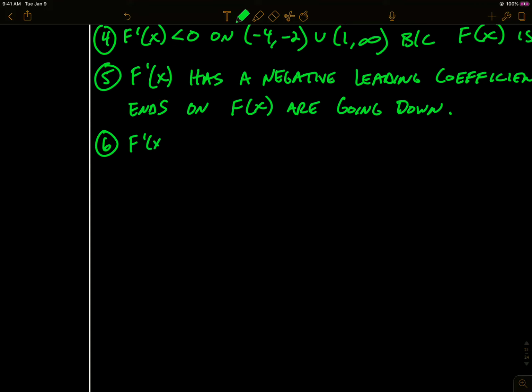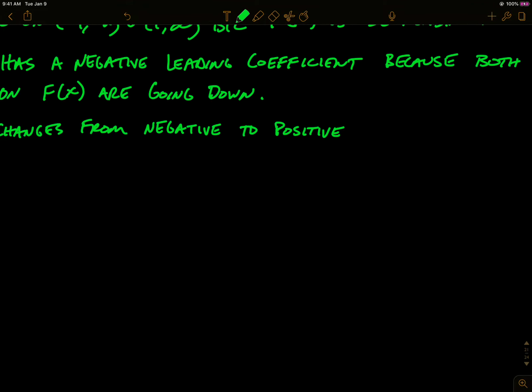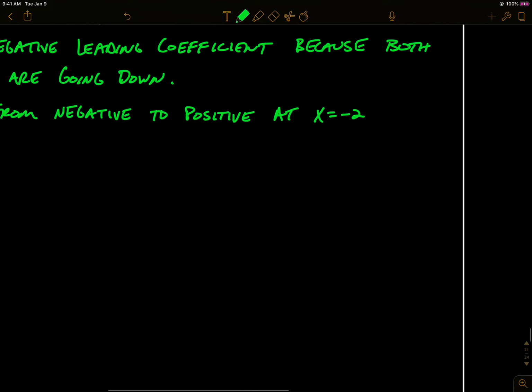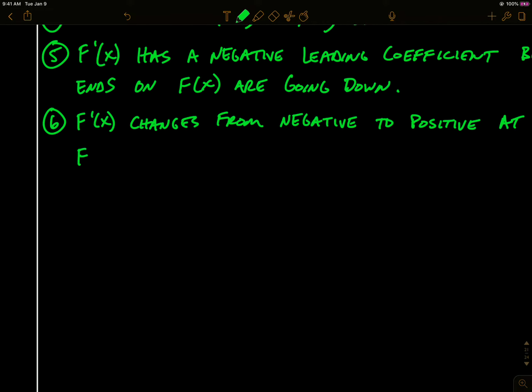We know that the derivative changes from negative to positive at x equals -2, because capital F of x has a relative minimum.